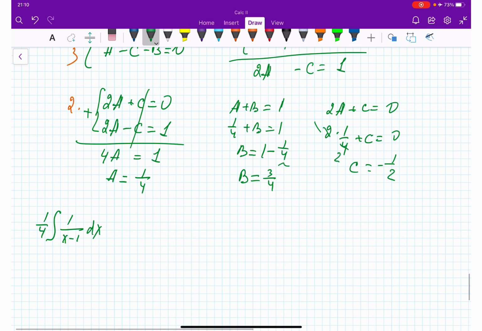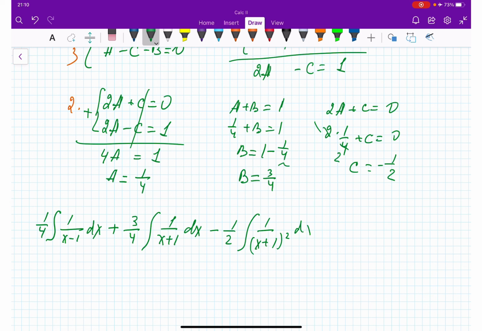Plus, B is 3/4, it comes out, and then we get the integral of 1 over x plus 1 dx. And then minus 1/2 integral of 1 over (x plus 1) squared dx.